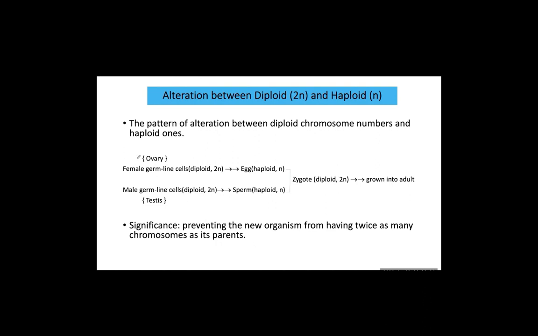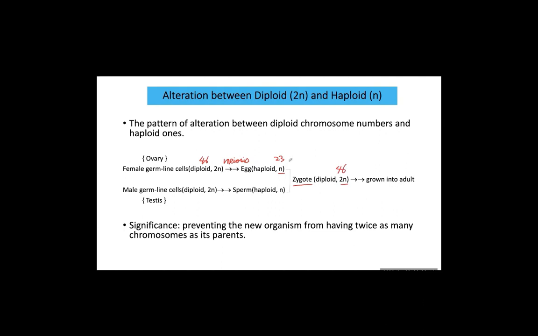So from the ovary, some female germline cells hold diploid chromosomes, 2N, 46 chromosomes. Now they undergo, here is the meiosis. Then the gamete has 23 chromosomes. Okay. It's the same thing for male germline cells. Once this egg and sperm fuse, we call that cell a zygote, and it has 2N, 46 chromosomes. This zygote grows into an adult.